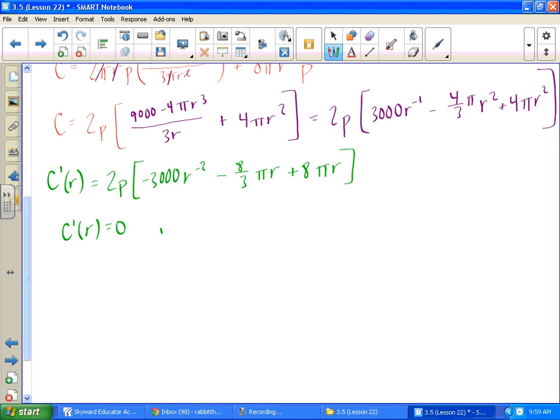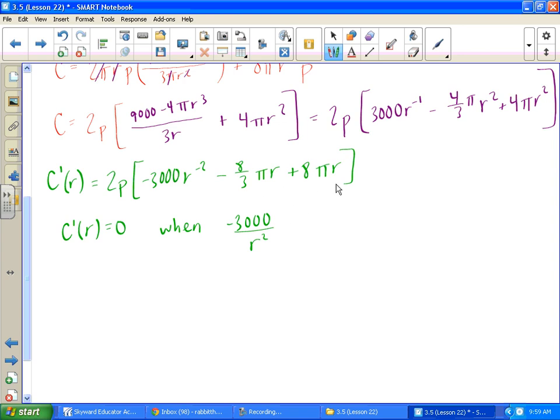So the first derivative equals 0 when we can't ever have a price of 0 here, right? So we don't have to worry about this piece being 0, but when this piece here is 0. So when negative 3,000 over r squared, I'm just going to write it like that.